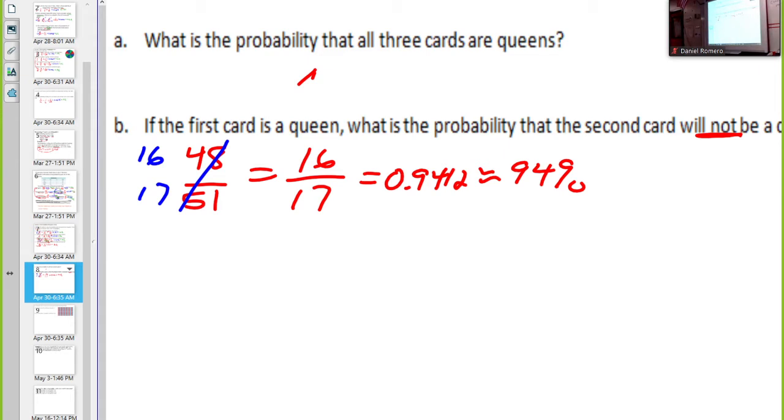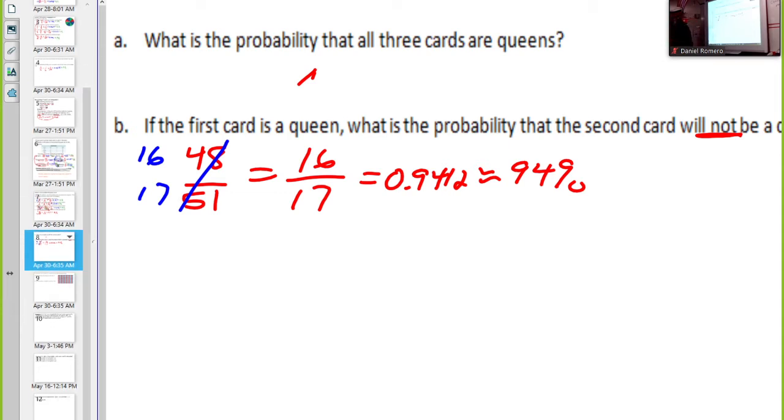If you take a queen out, you now have a 94% chance of not getting a queen, because almost everything else that's left is not a queen. There's only 3 queens left. Okay, good.